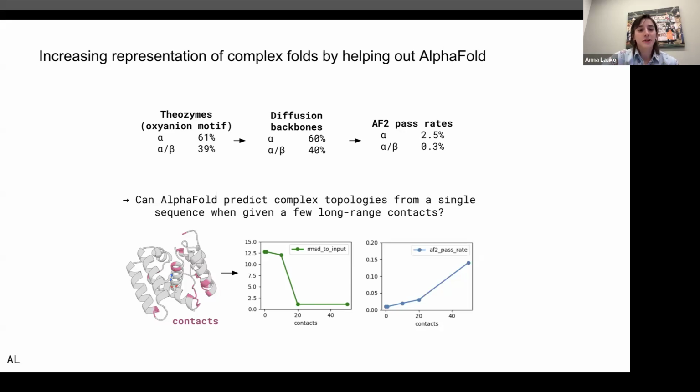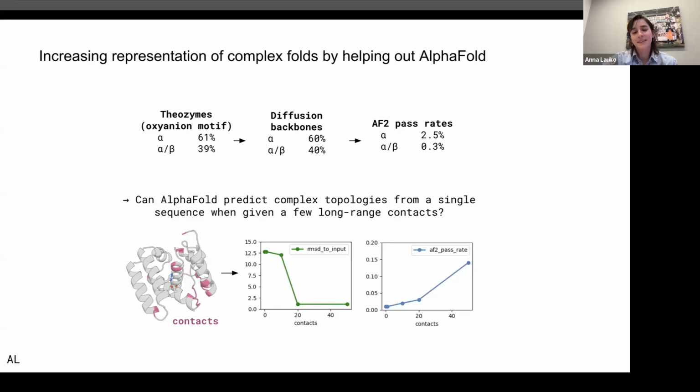We had about 60% all alpha thiazymes, or input motifs to diffusion, and 40% alpha beta. We would run RF diffusion and look at our diffusion backbones and what kind of secondary structures we were seeing. Basically exactly the same proportion of alpha and alpha beta diffusion outputs.